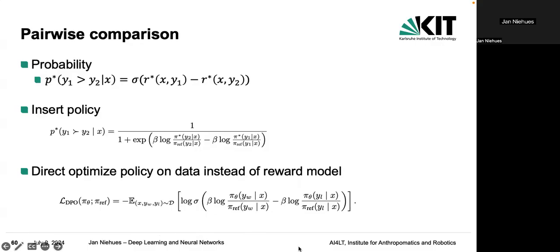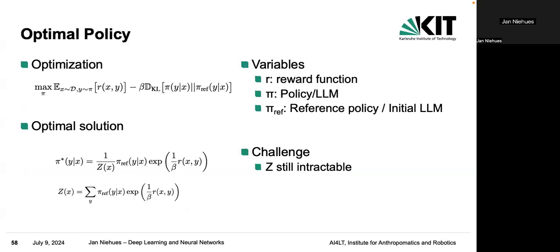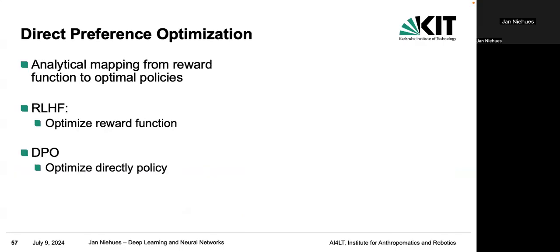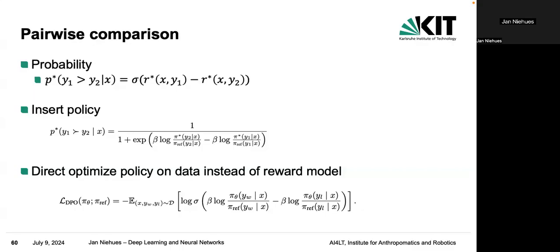So you can now directly train your model with the data that we have collected. So the big difference is we are no longer training a reward model on the preference data, but we are directly optimizing our final model based on that data by minimizing this type of loss here, or maximizing the expectation.